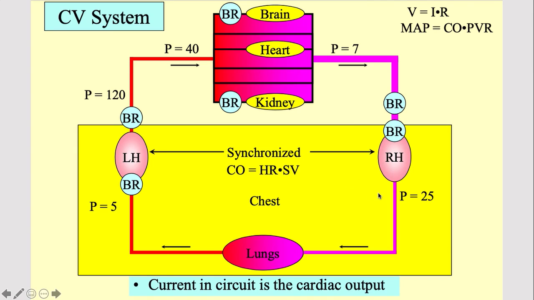Only about 17% of the total body blood volume is in the arteries, and 66% of the blood volume is in the venous system, with over 17% of it being in the chest, meaning between the left and right heart, going through the lungs to become oxygenated. So that's important to know when we talk about preload and afterload and things like that. So it's good to know that most of the blood volume is in the venous system.